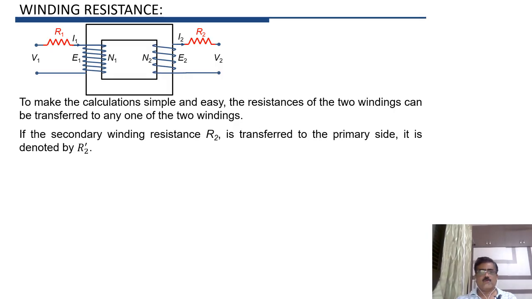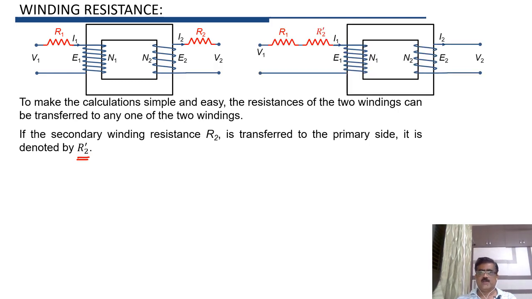When R2 is transferred to the primary side, it may be denoted by R2 dash. Means here you can see the resistance of secondary winding, which is R2. This resistance can be transferred to primary side and then it is denoted by R2 dash.